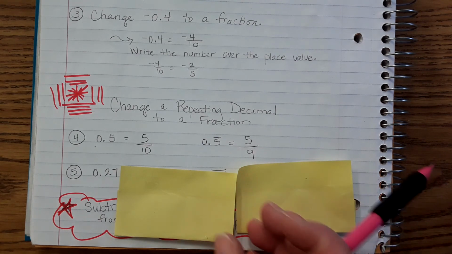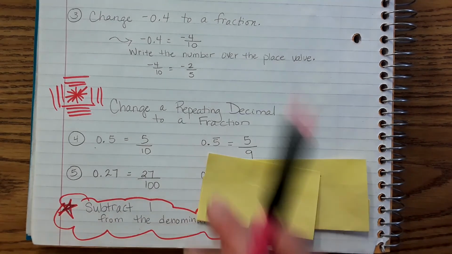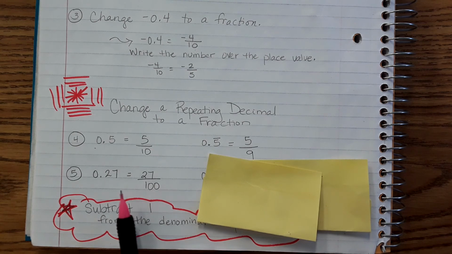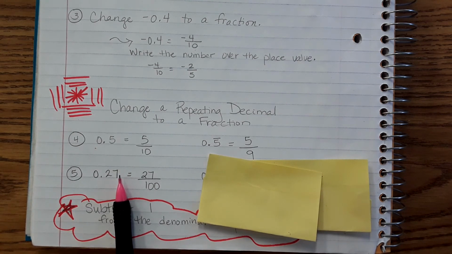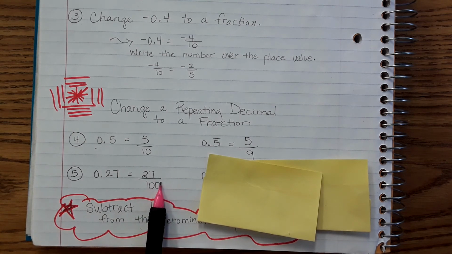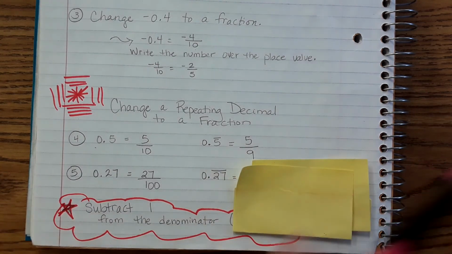Okay, what about 0.27? 0.27 is 27 hundredths. That's the proper way to say it because it's tenths, hundredths. And yes, you would always simplify if possible. But what if we have 0.27 repeating?